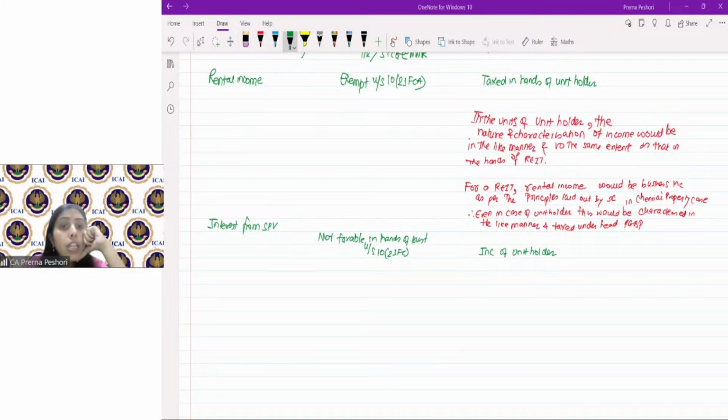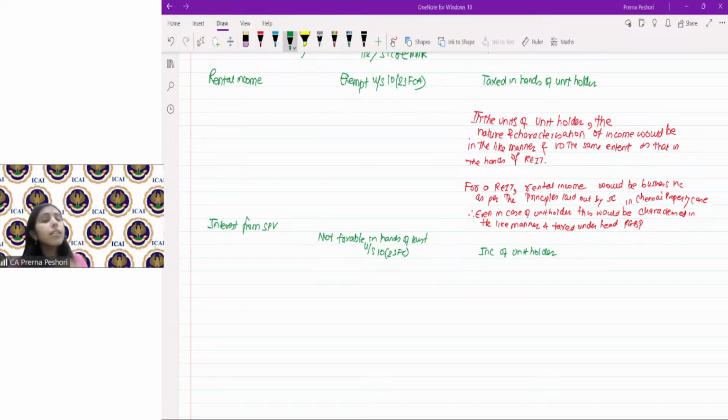In this particular case, the interest income which is being received here is in the nature of the business only, because here the REIT is in the business of investing in a special purpose vehicle so that the special purpose vehicle can invest in the real estate assets. And for that purpose, it may give this loan. So it is in the ordinary course of its business that it is earning this particular interest income.